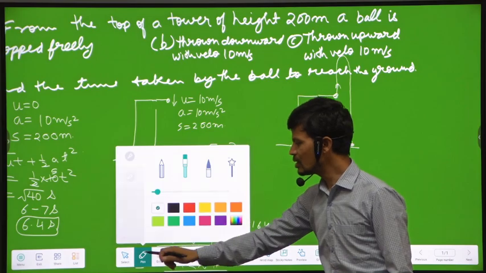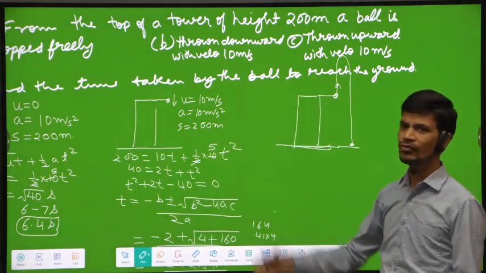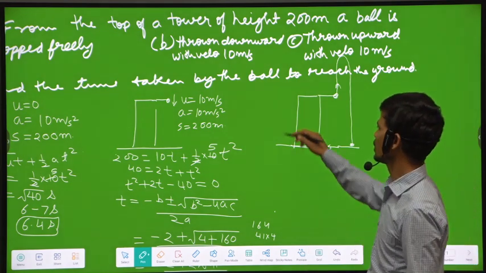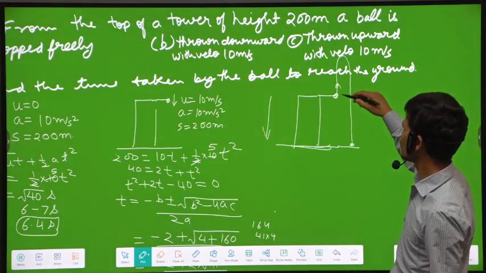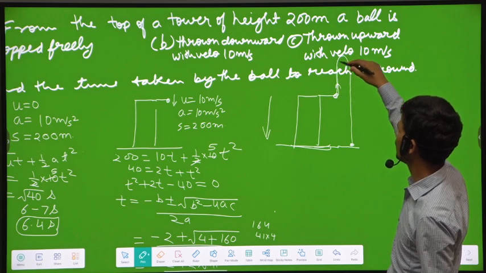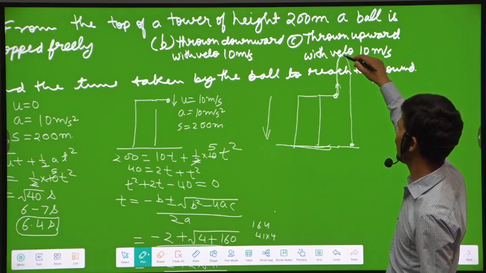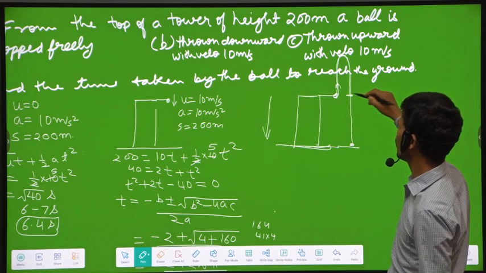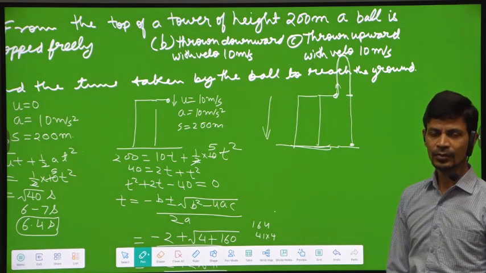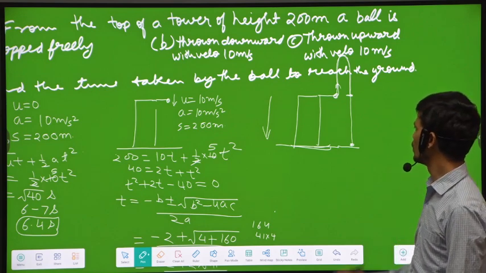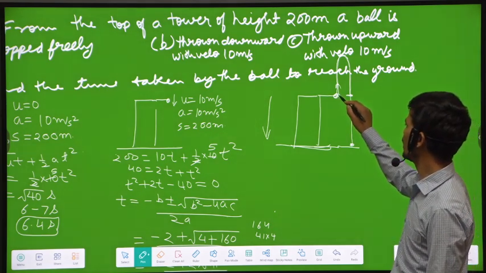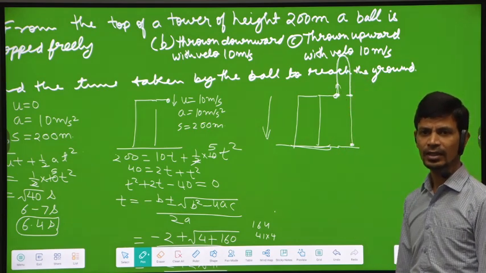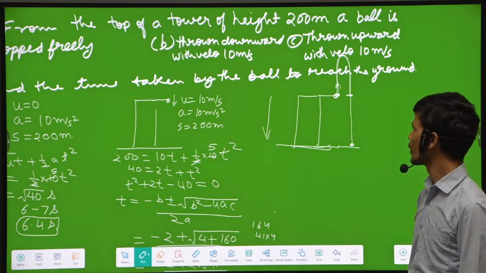Because this is a uniformly accelerated motion, and the acceleration is always downward, the time it will take to reach the maximum height, it will take the same time to return to the point of projection. So we can just find the time taken to reach the maximum height, and then double it.